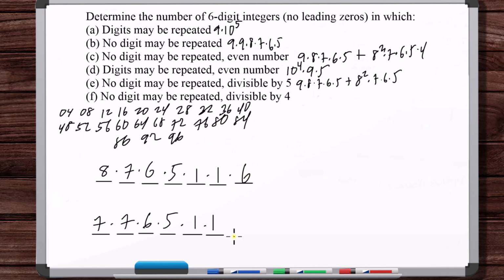So we multiply that by 6. And then for not having a 0, 1, 2, 3, 4, 5, 6, 7, 8, 9, 10, 11, 12, 13, 14, 15, 16, 17. And so there we go. It's going to be 8 times 7 times 6 squared times 5 plus 17 times 7 squared times 6 times 5.